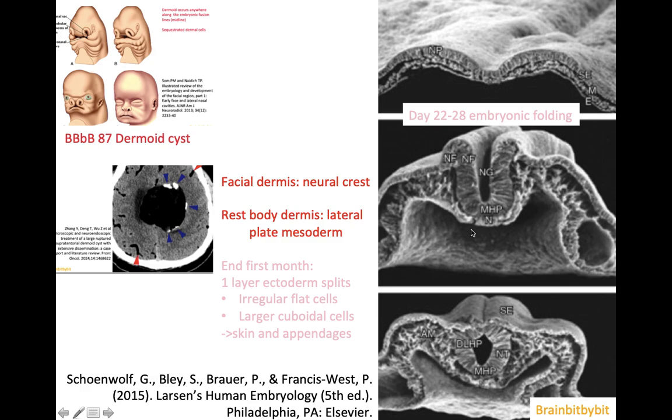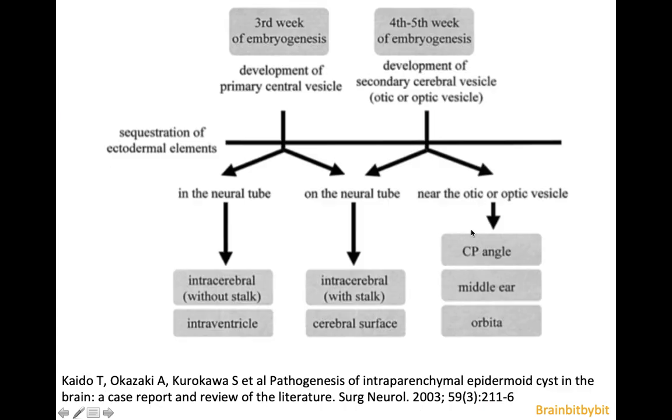I also mentioned that epidermoid cysts occur a little bit later in embryology. So early you have all the skin layers and an inclusion cyst in the midline. And if it happens later, you only have the skin cells itself without the appendages, and it occurs a little bit off midline.